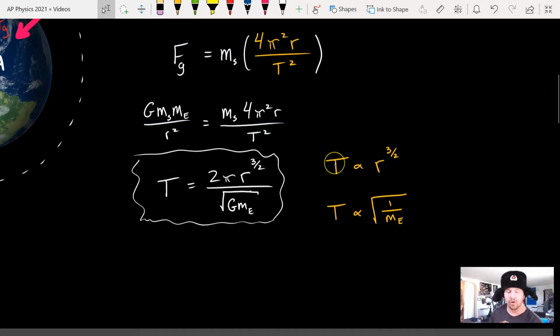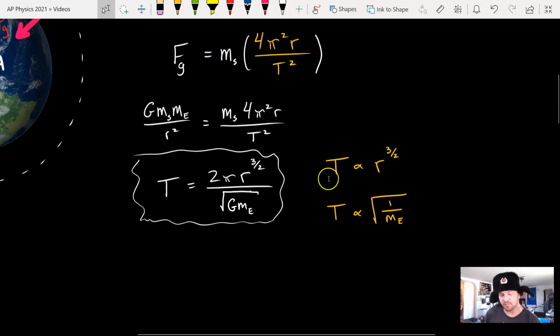Now notice, just like with orbital speed, the mass of the actual satellite or orbiting moon, whatever the object is that's orbiting, that mass is gone from this equation. It has nothing to do with the period at all.